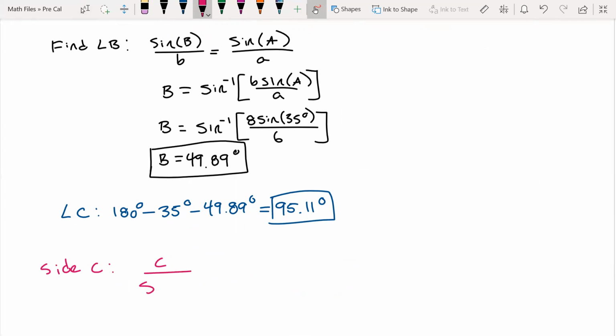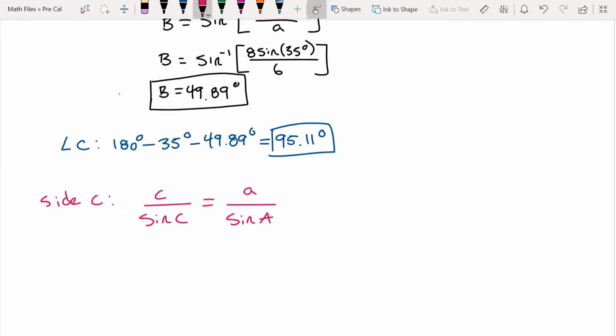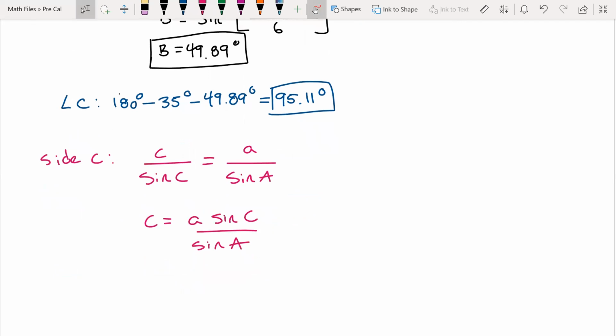Which is going to be C over sine of C equal to A over the sine of A. That's cleaner, right? Yeah. And C is A sine C over the sine of A. Okay.